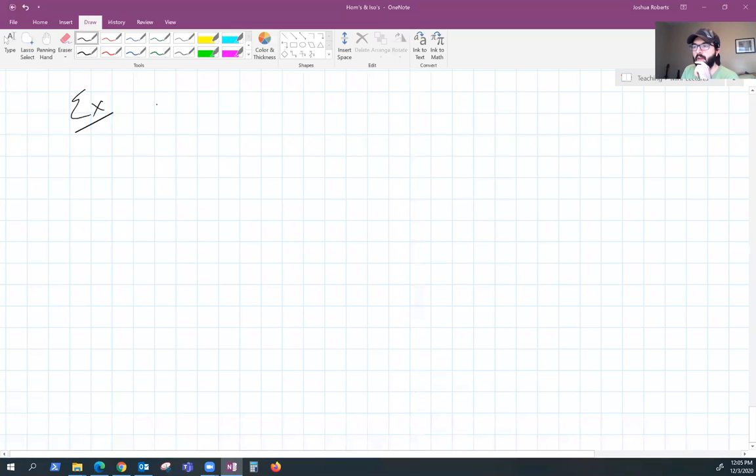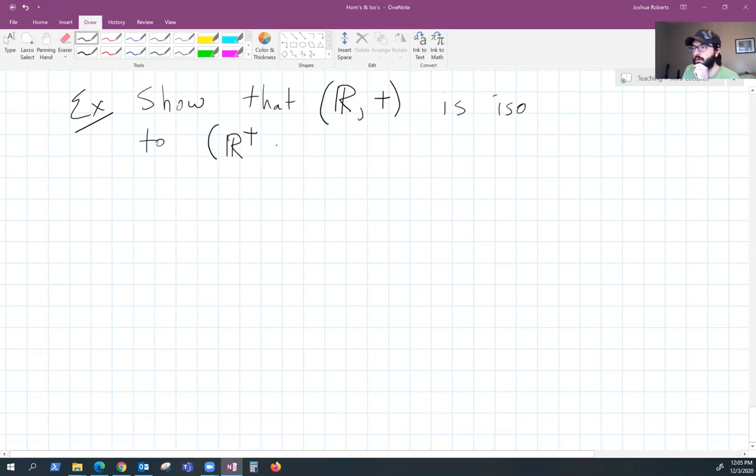Let's do an example. I want to show that the set of real numbers with the operation of addition, so this is a group, is isomorphic to the set of positive real numbers where the operation is multiplication.